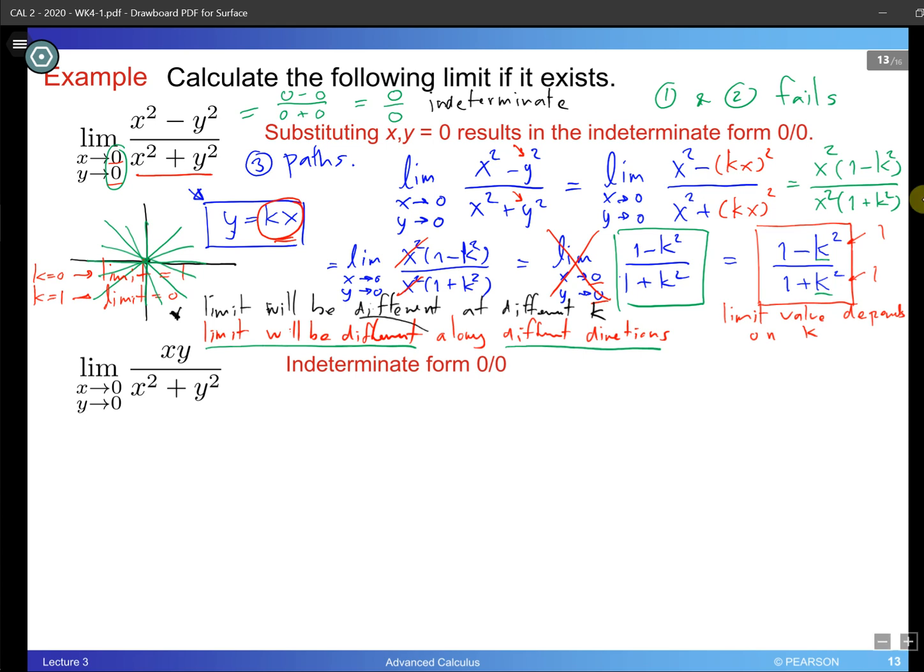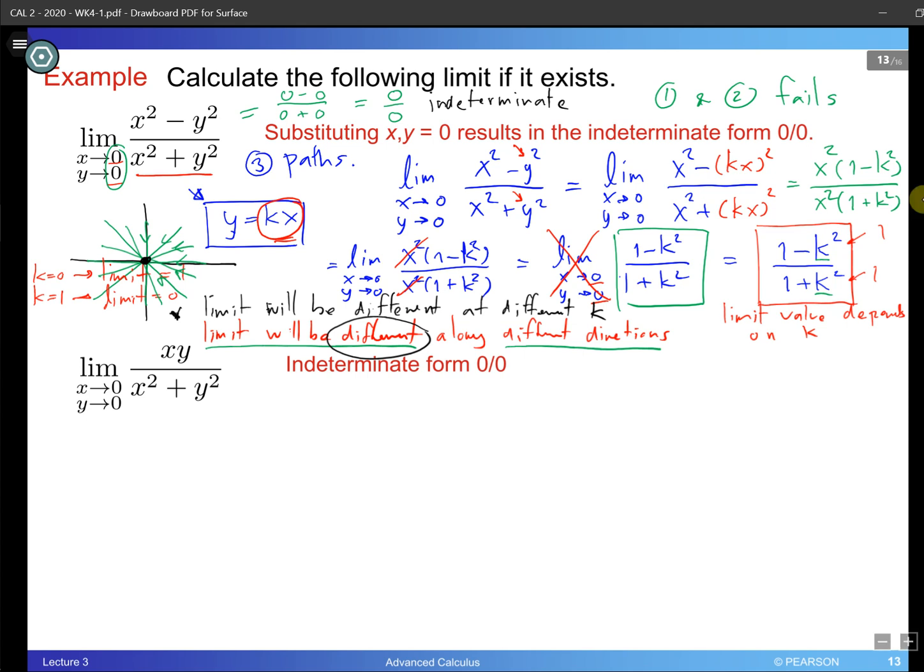And if you remember the definition of the limit that I mentioned in the last video, the limit exists only when all sublimits are equal. No matter how you approach this point, this origin, all the limits have to be equal for the limit to exist. But as you can see here, in this case, they are different.